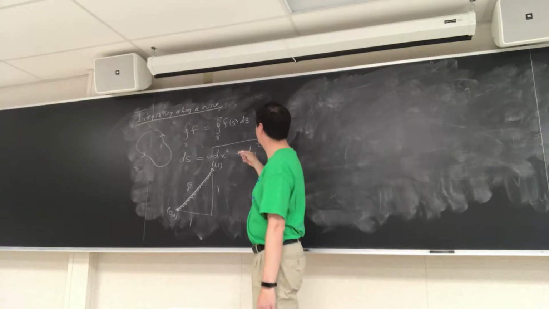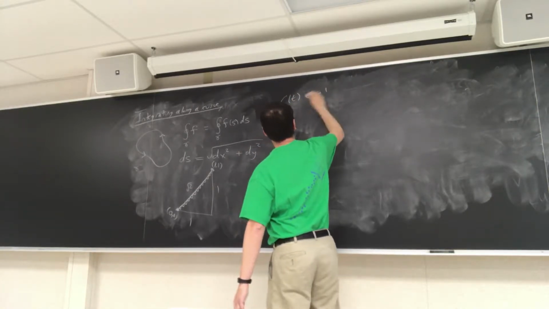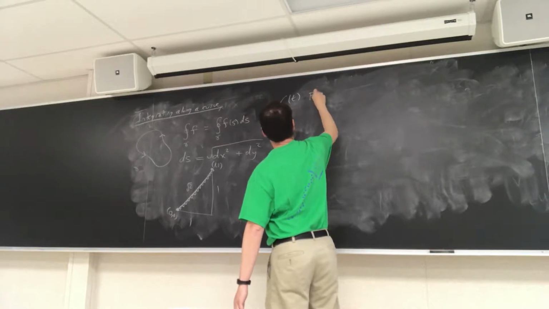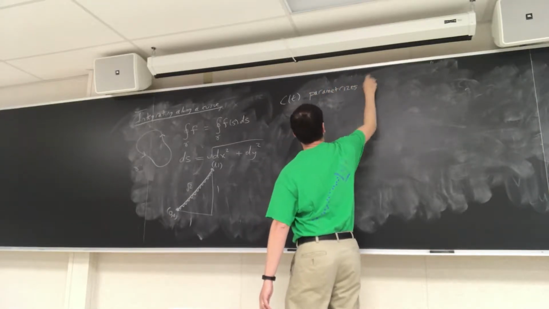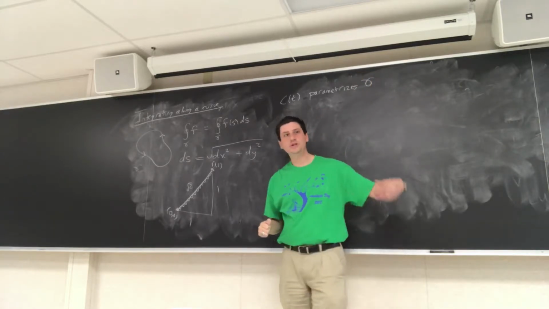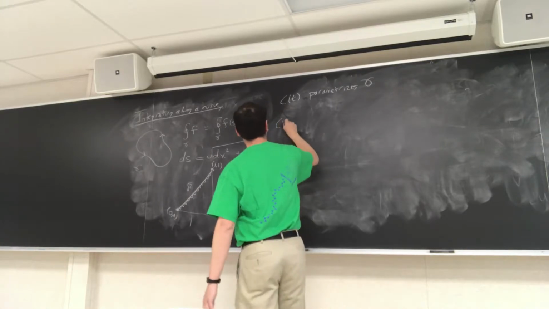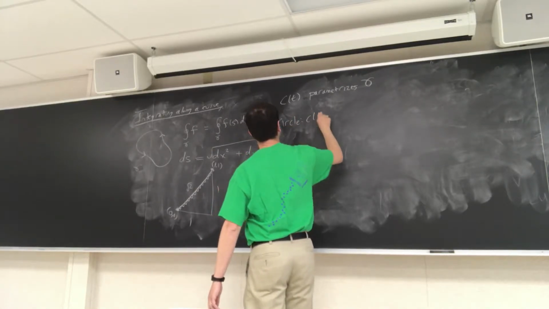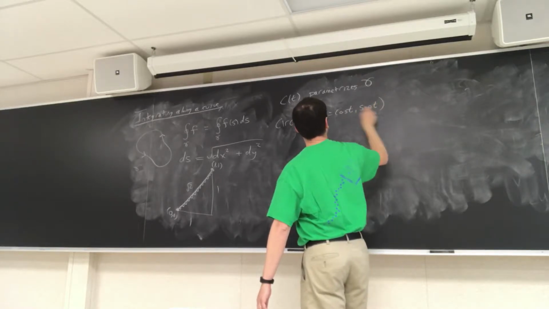So if I want to do this, what we do is we choose C of t to be the curve, or C of t, say, parameterizes our curve gamma. So it gives me a way of walking around it. So if I have a circle, I could take maybe C of t is cosine t, sine t.